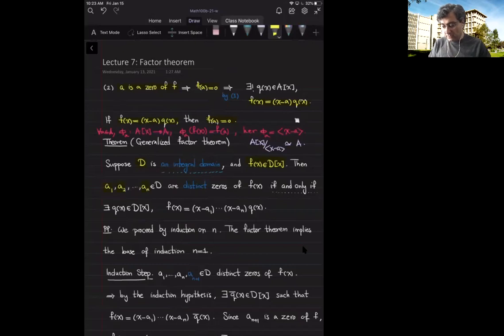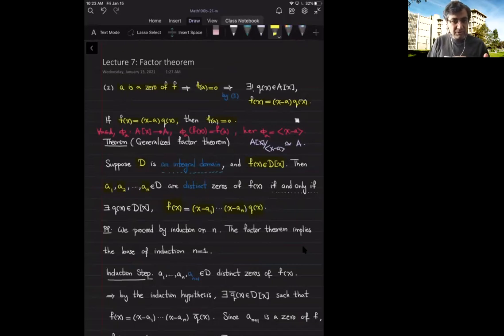They are distinct, they are not the same elements. If this happens, then we can write down f as a product of these factors, x minus a1 times x minus a2 times ... x minus an, times some other factor q.